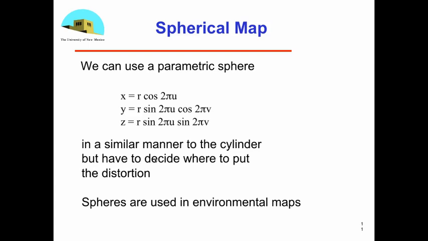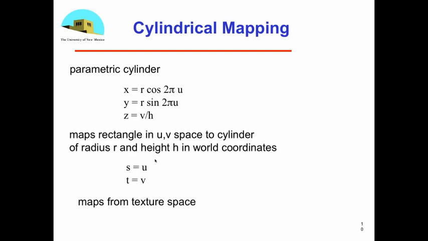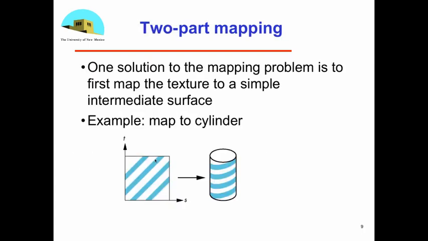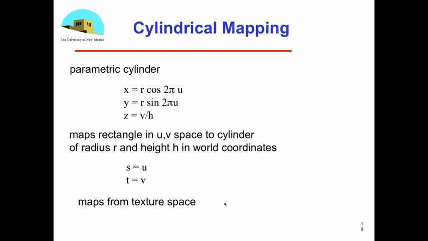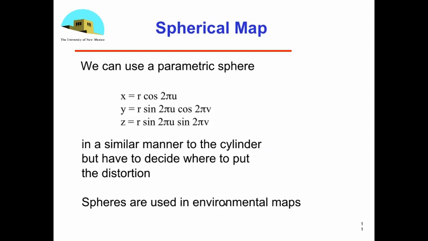Now this is fundamentally different from using the cylinder. If you look at the cylinder, there's really no real distortion that goes along when I wrap this rectangle around the cylinder. We're ignoring the top and the bottom. However, we know from previous discussions that when we map something that's flat to a sphere, or a sphere to something that's rectangular, there has to be distortion.